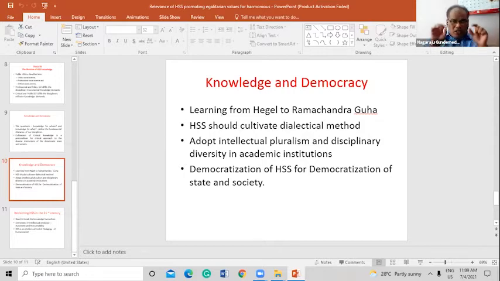I'm quoting Ramachandra Guha, who published an article in EPW on the idea of universities and pluralism, where he says that most Indian universities, with reference to social sciences and humanities, are dominated by only one particular set of ideologies, right? But he says we need to celebrate intellectual thoughts. Only by celebrating intellectual experiences are we going to provide inputs to the state.